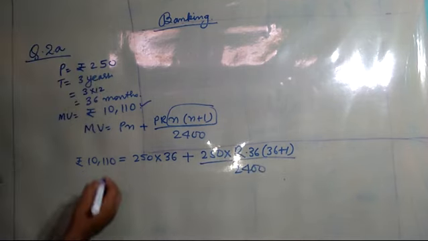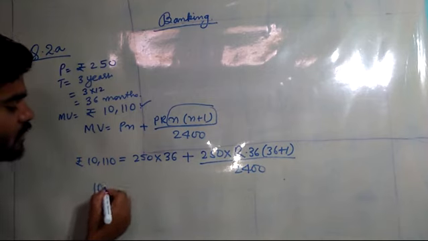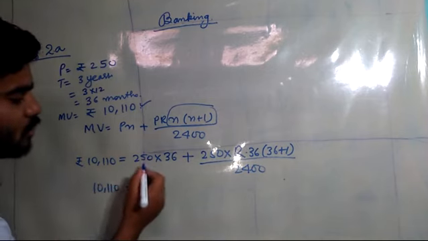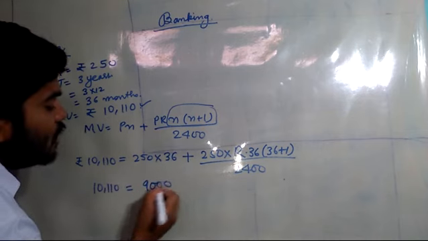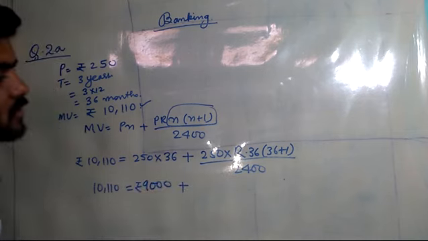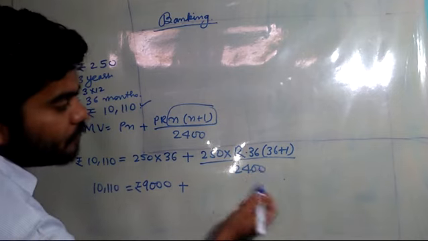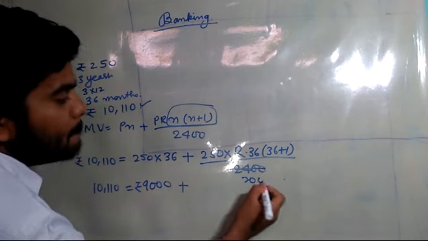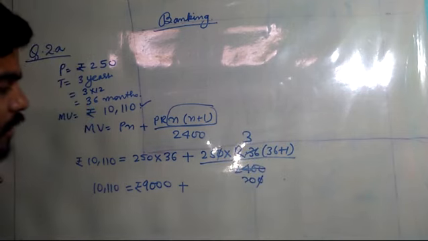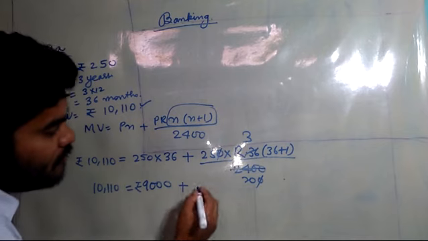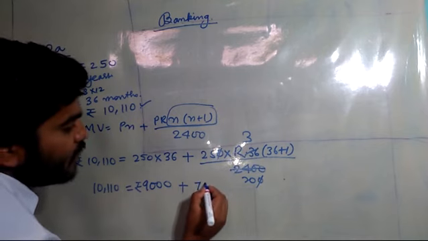According to this formula, 36 into 36 plus 1 by 2400. Now if you calculate, here it will be 10,110 is equal to 250 into 36 will be equal to 9,000 rupees, plus if you simplify this, okay, so this will be equal to 25 into 3, 75.